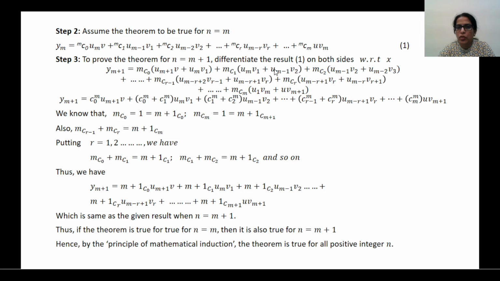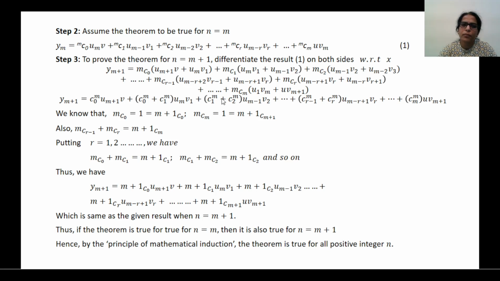Similarly, observe these two terms, u(m-1) v2 here and again here; take this as common, and you will be left with mC1 plus mC2 into u(m-1) v2. Likewise, take common from these two terms also. We have the common factor u(m-r+1) into vr here and here, and you will be left with this. Plus, what is the last term? It's mCm u v(m+1).